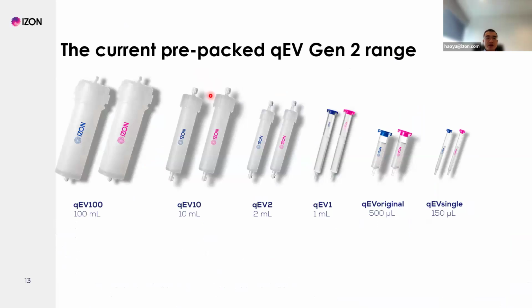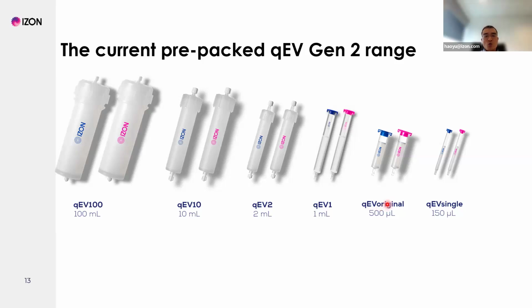The current prepacked range of QEV columns is Gen 2 versions. This is our latest version of the QEV columns, and the range goes from 0.15 mL loading to 100 mL loading. As you can see, there are 10 mL loading, 2 mL loading, 1 mL loading, 0.5 mL loadings to fit different needs.